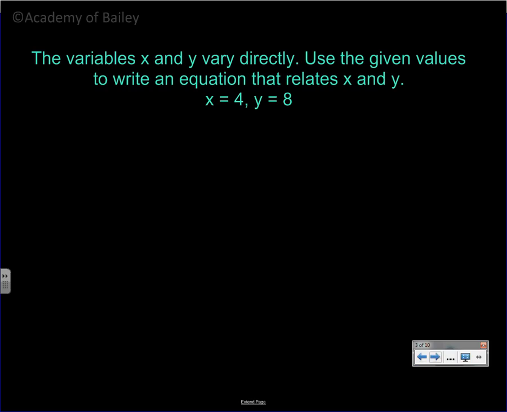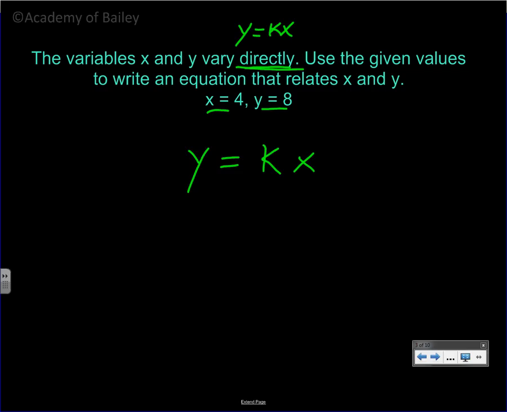The variables x and y vary directly. And that right there is your hint, directly. Y is equal to k times x. Use the given values to write an equation that relates x and y, if x equals 4 and y equals 8.